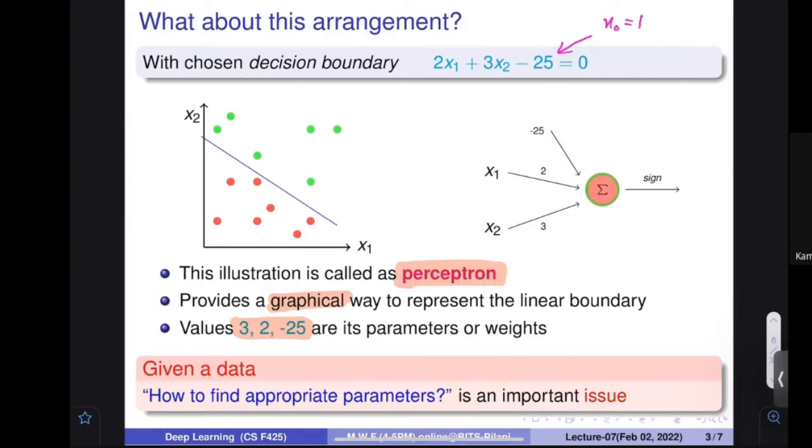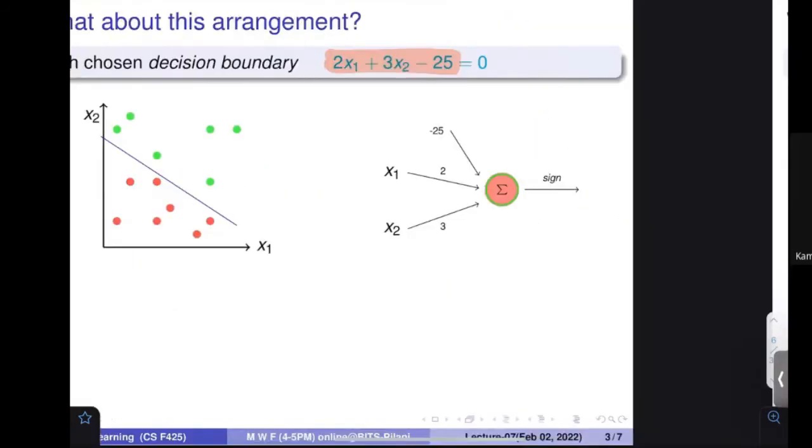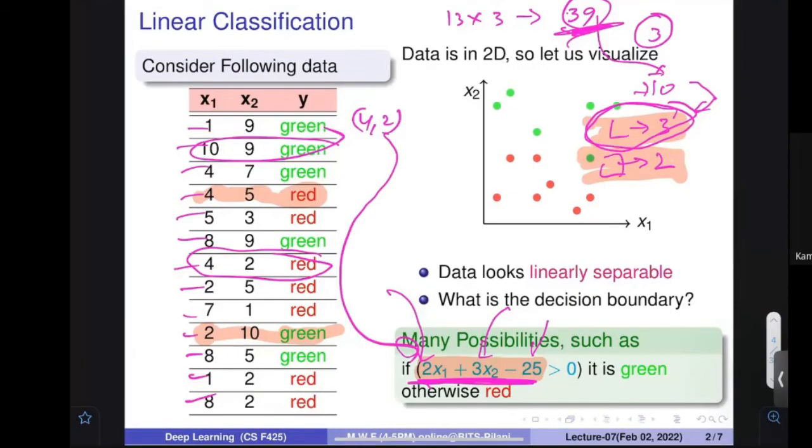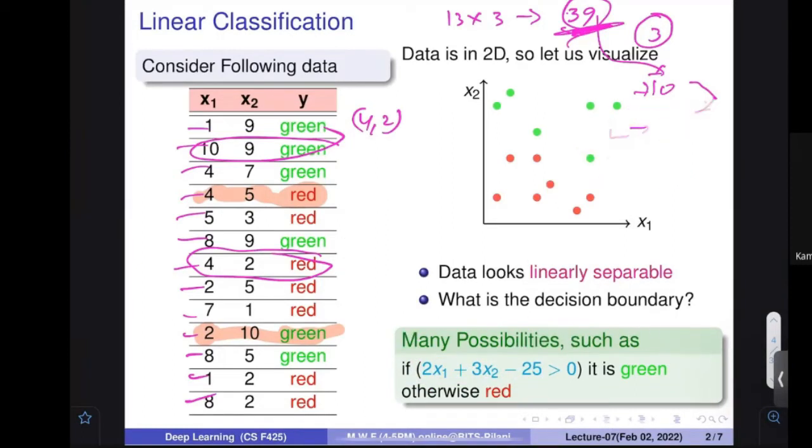So the question remains, sir, how to find out the parameters? Here also when I was explaining, I told you that somebody has given you the weights in this equation.